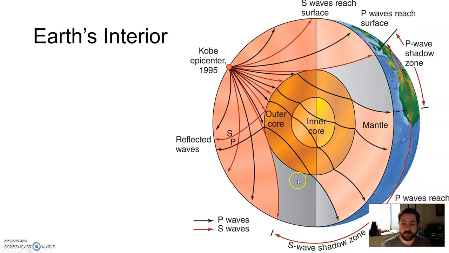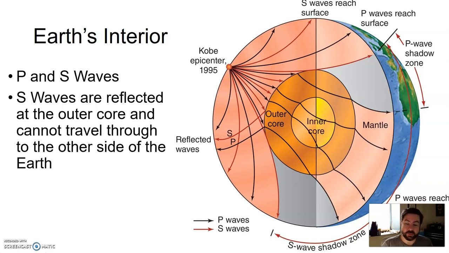So by noting all of that, we can further figure out what's inside the Earth. But that takes a little bit of physics. But again, the P and S waves are reflected or bounce off of the liquid outer core, S waves not being able to travel through to the other side. Again, that just goes back to the sheer physics of them. So that's how these seismic waves helped us figure out what's inside the Earth.